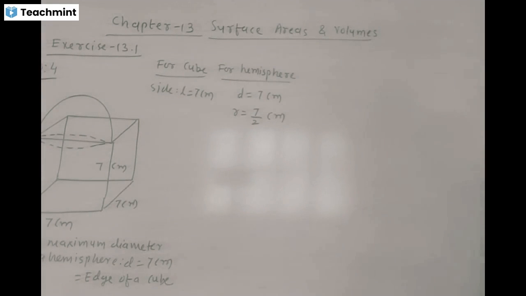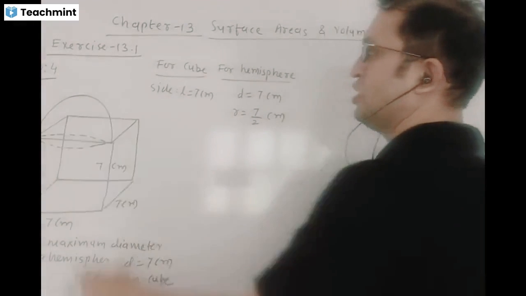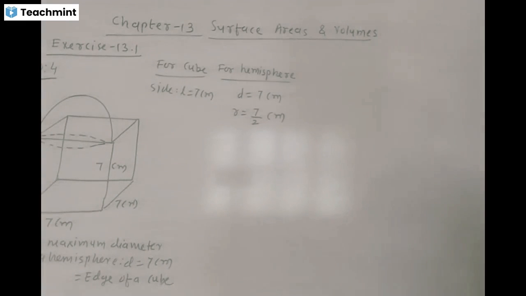And find the surface area of the solid. Surface area of the solid means the surface area of the cube plus the surface area of the hemisphere.